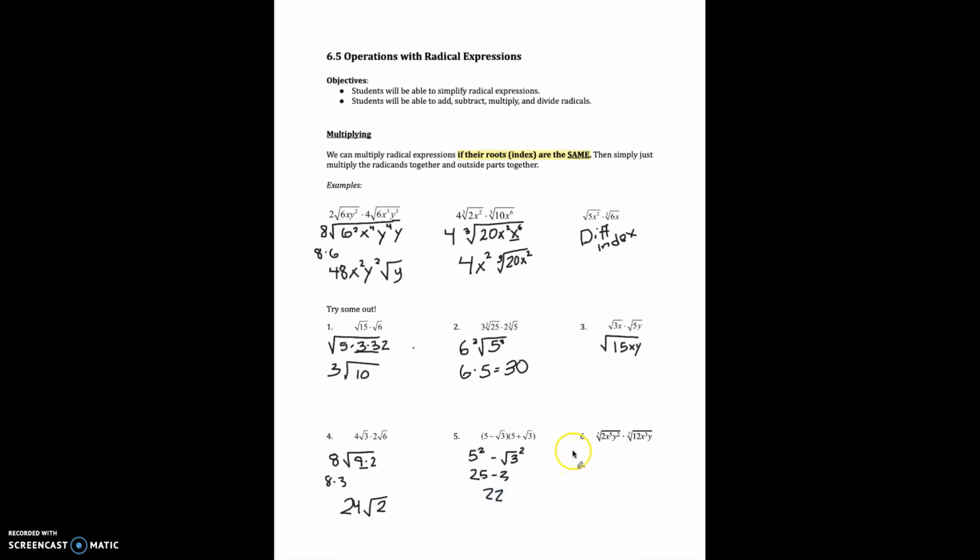And then the last one, we have a cube root, so I'm going to do the third root of 24. And 24 I know is 8 times 3, and I'm breaking it down because 8 is a perfect cube. Then I have x to the fifth, x to the third, that's going to be x to the 8th. So instead of doing x to the 8th, I'm going to do x to the 6th and x squared. And then I get y to the 3rd.